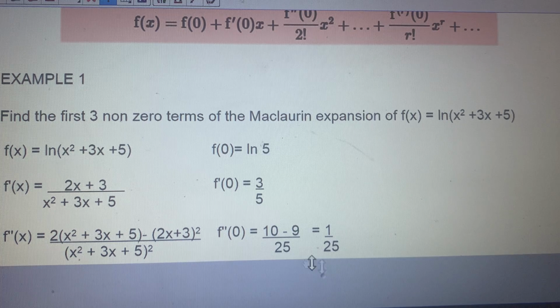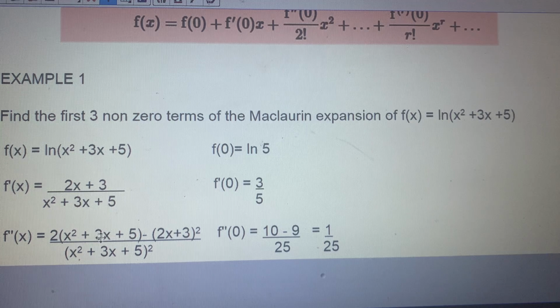And now you can see you have to differentiate a quotient. So f double dash. You can see why we've waited to do this. We've needed to be able to do the product rule, the quotient rule, the chain rule. So I've differentiated this: v du/dx, which is 2, minus u dv/dx, so 2x plus 2, all squared, all over v squared.